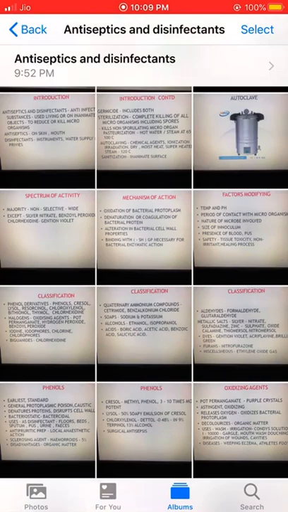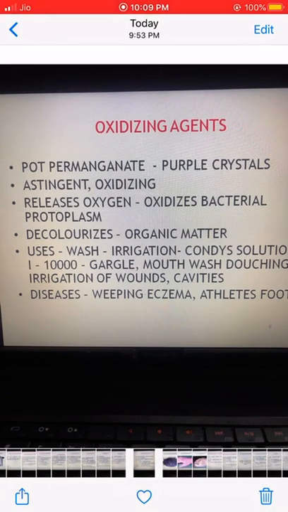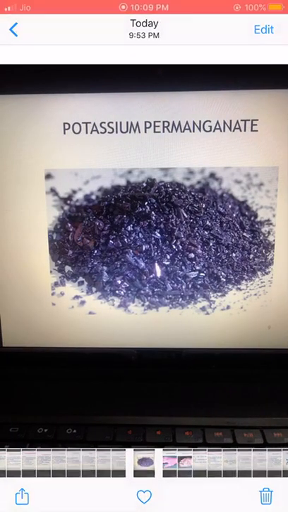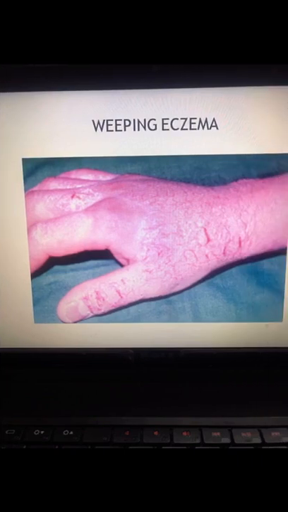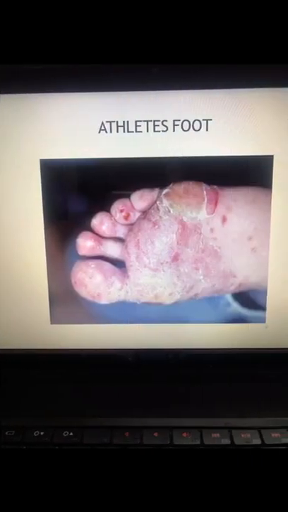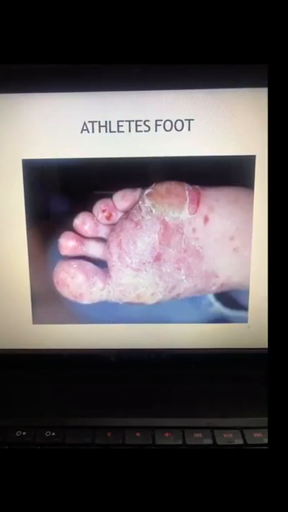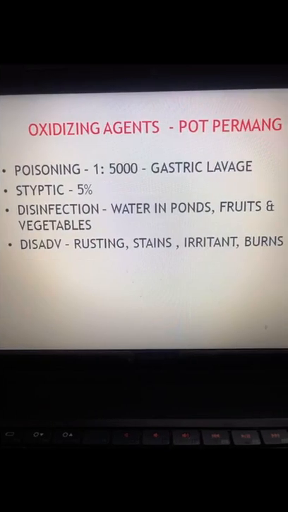This is the potassium permanganate, which is available as purplish crystals, and they use in weeping eczema and athlete's foot as an oxidizing agent. Also, potassium permanganate is used in poison cases as 1:5,000 as a gastric lavage, and used as styptic at 5% in dental practice.